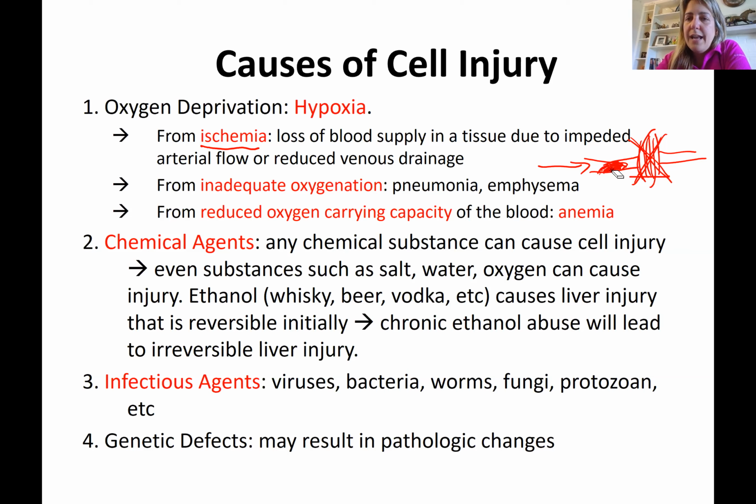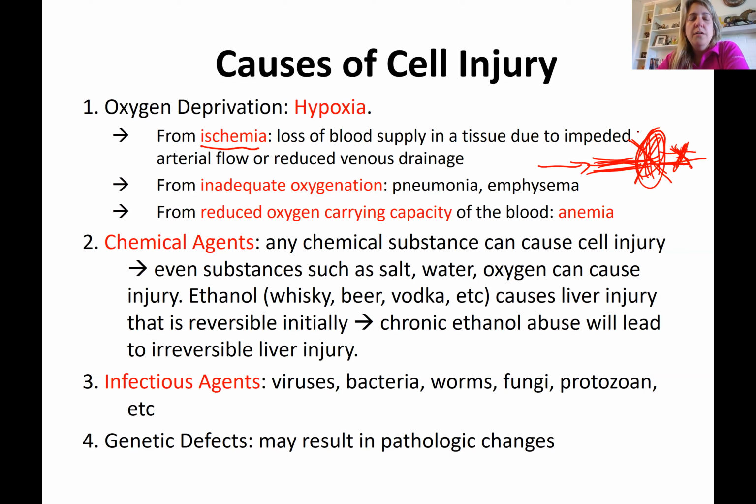Or if we have a blockage here, which is the venous return, so more blood arrives, but cannot continue to pass. So this area also dies because less blood can arrive at that point because it becomes engorged, okay?